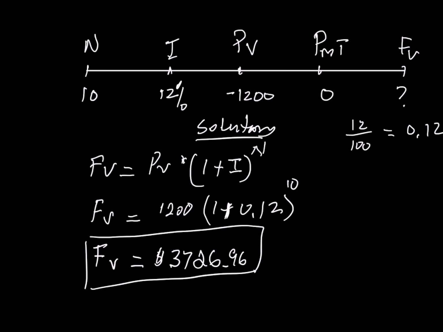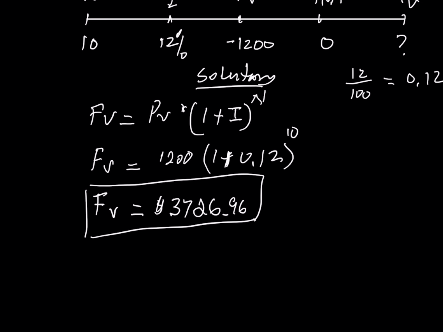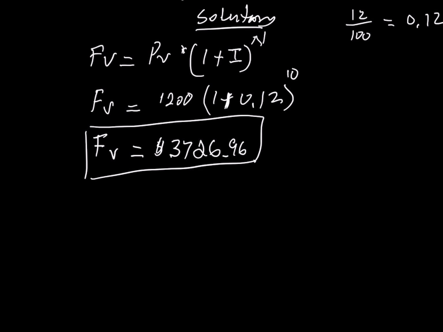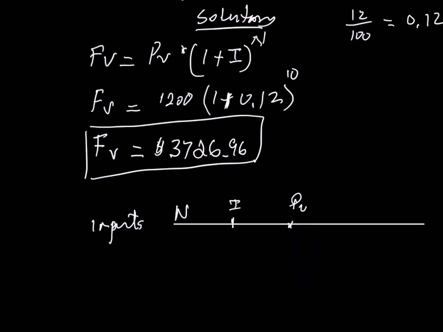So now we can also use a financial calculator to make this calculation. For example, we can use a professional financial calculator. We will have to input N, the interest rate, the present value, the PMT and FV.